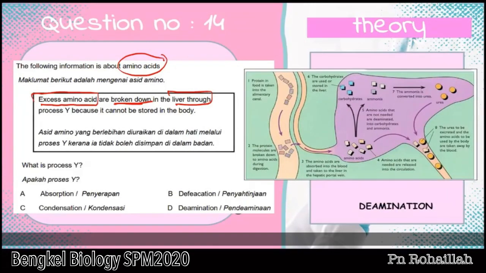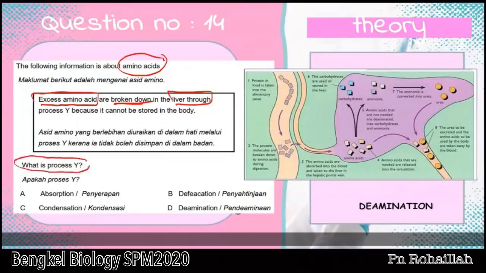No, tak bagus juga sebenarnya. Sebabnya nanti dia akan ada inflammation lain lah. So what will happen in our body kalau you take a lot of amino acids? Amino acid comes from protein. So apa jadi? It will break down. Dia akan digest semua and then it will break down in the liver. So what happens and what is the process? Proses apa tu?